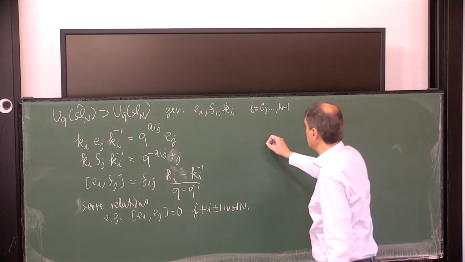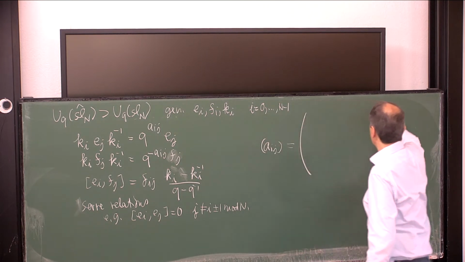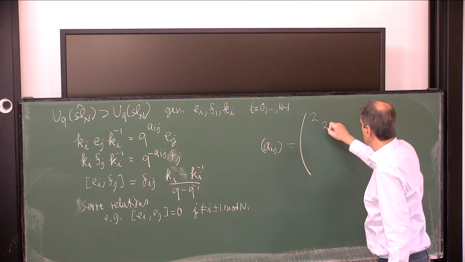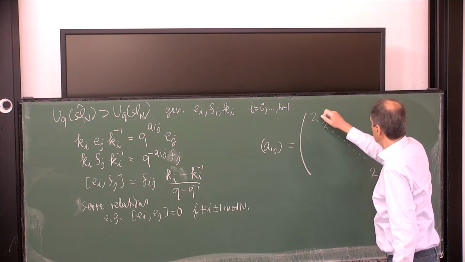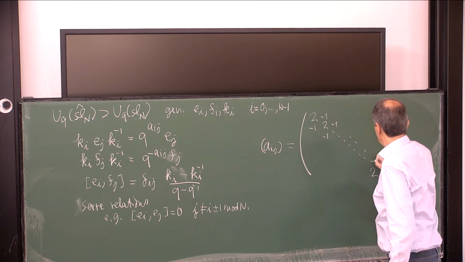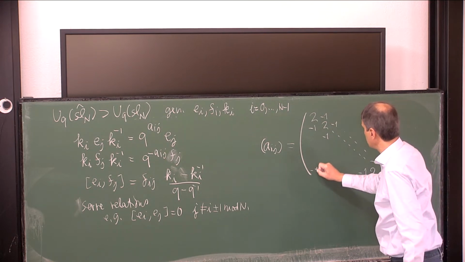And this matrix a_ij is the Cartan matrix of sl_n hat. There's 2 on the diagonal, minus 1, and you have a little minus 1 on the corner.